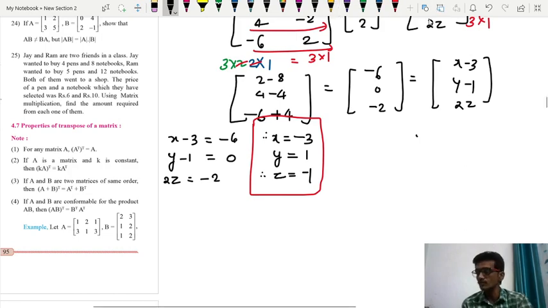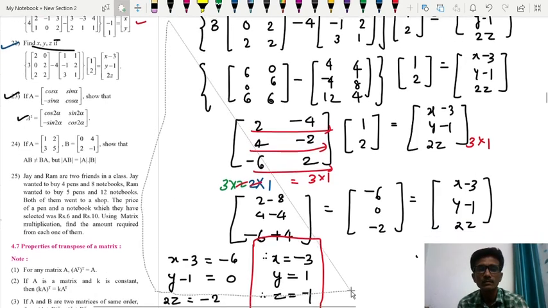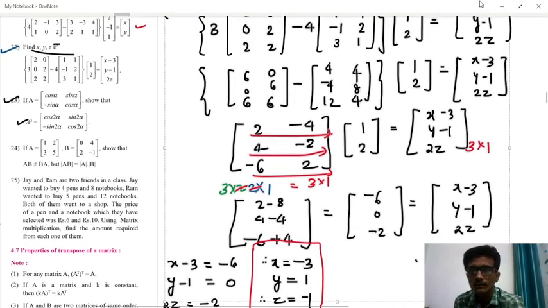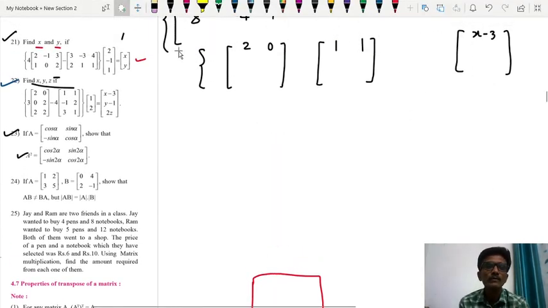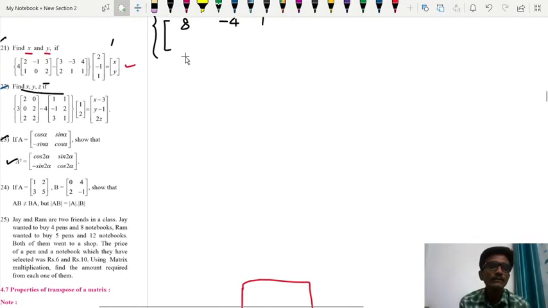See here is the next question. You have to show that A square is equal to cos 2 alpha, sin 2 alpha, and this. 23rd question we will do. Question number 23.